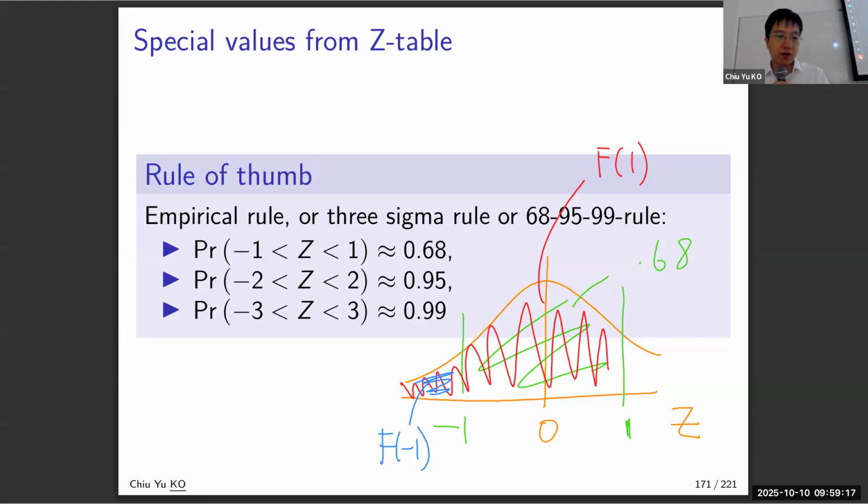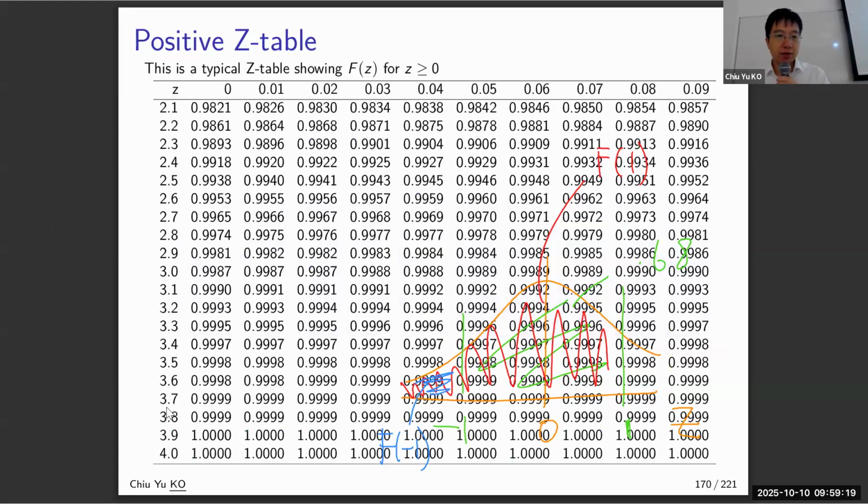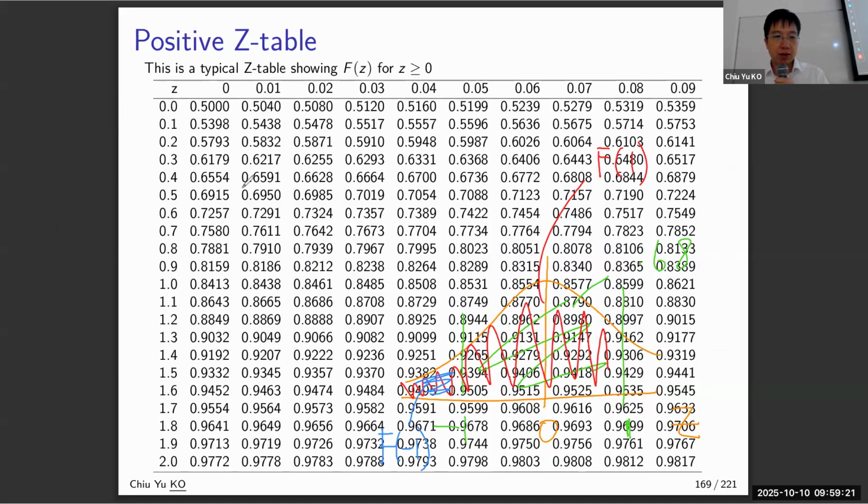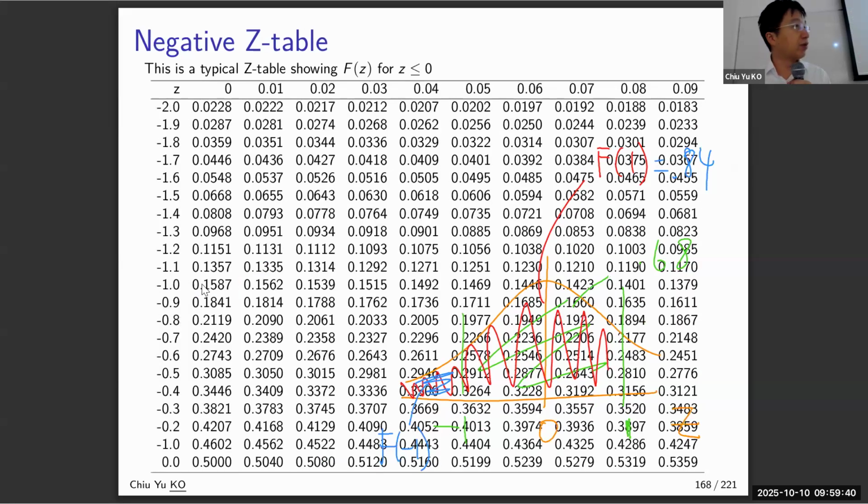Let's see what f of 1 is. F of 1 will be this number, 84%. What is f of -1? Let's go again. It is 15%.